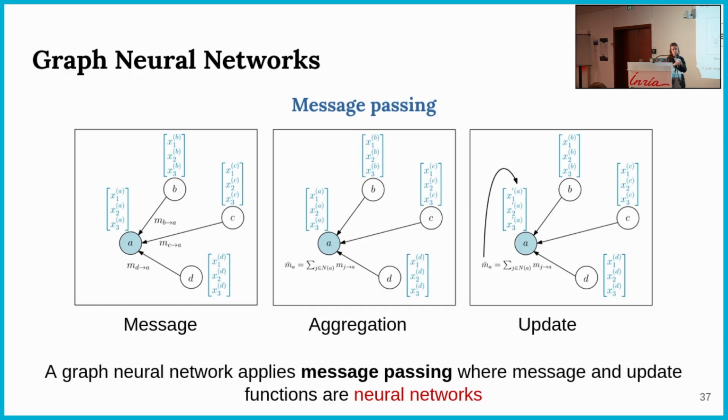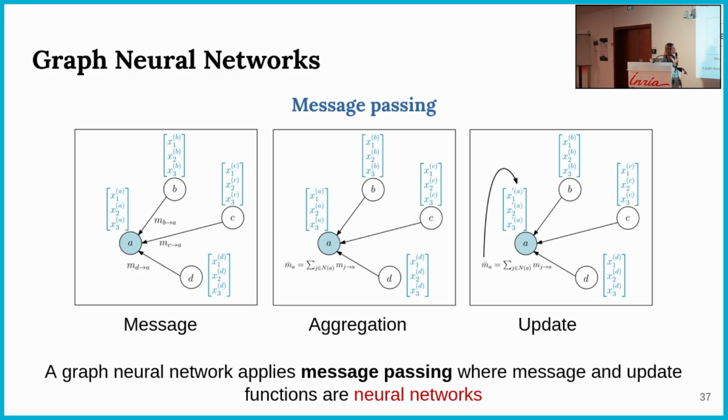First I want to introduce what a graph neural network is. And to do that, I first need to describe the message passing process. So in machine learning, graphs can have additional information at the level of the node, of the edges, and at the level of the whole graph.